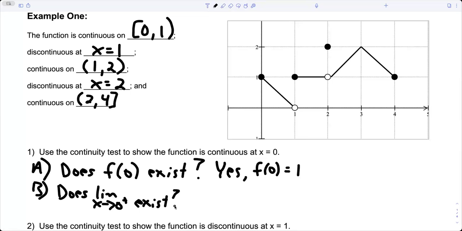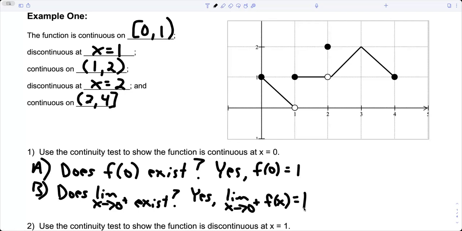And what is the value of the limit? The one-sided limit, it would be 1. So yes, the limit as x goes to 0 from the positive side of f of x is equal to 1.